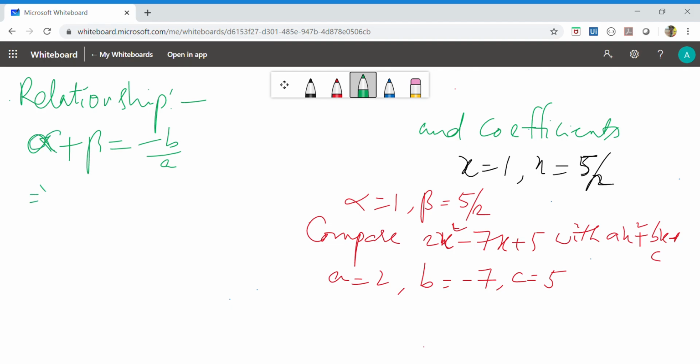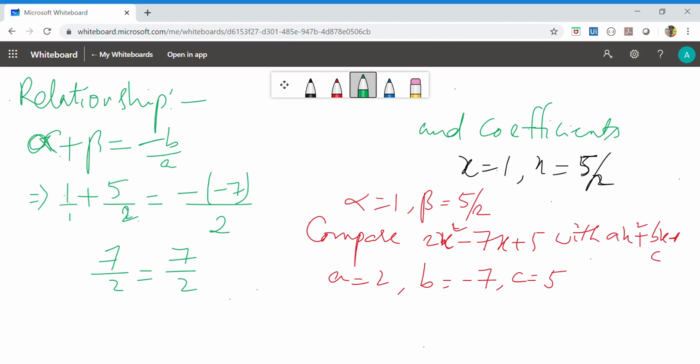Alpha plus beta: alpha is 1 and beta is 5 by 2, is equal to minus b by a, b is minus 7, a is 2. So again here do the LCM: 2 ones are 2 plus 5, is 7 by 2, and minus of minus becomes plus 7 by 2.